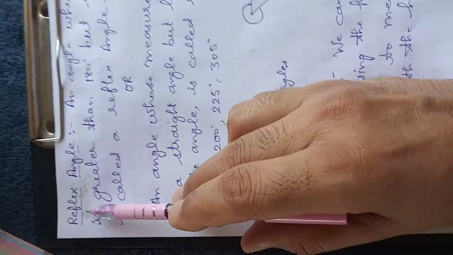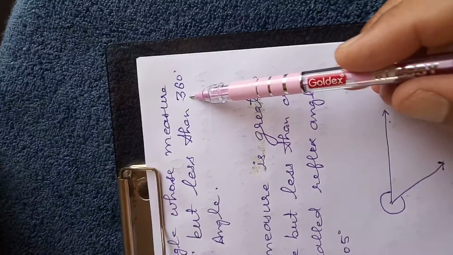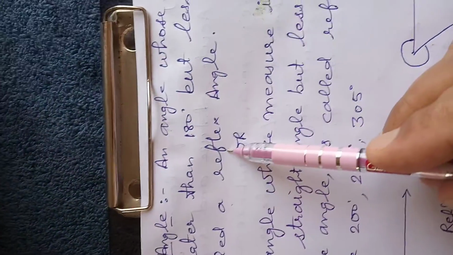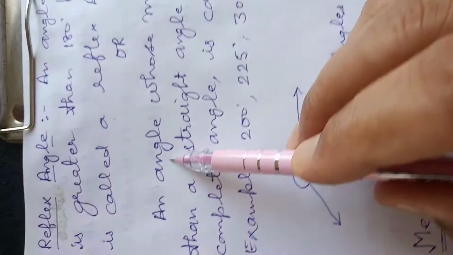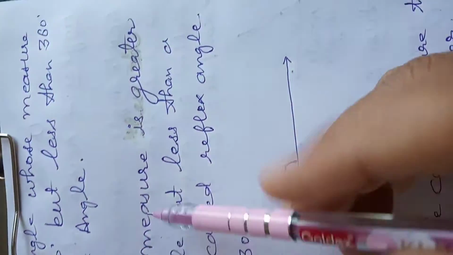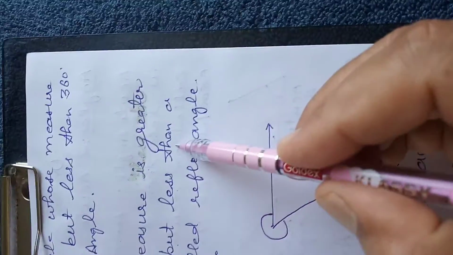Next one is reflex angle. An angle whose measure is greater than 180 degree but less than 360 degree is called a reflex angle, or we can say an angle whose measure is greater than a straight angle but less than a complete angle.